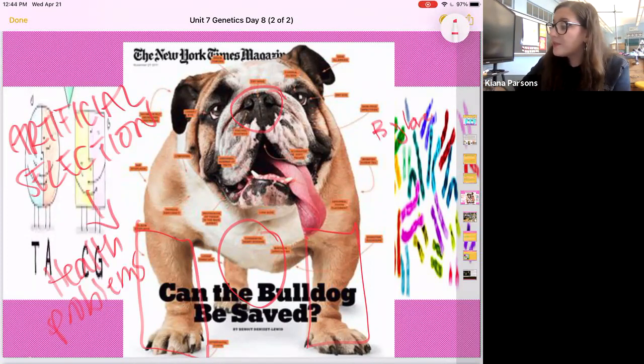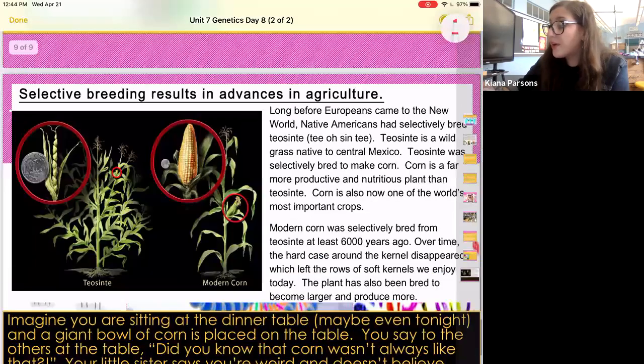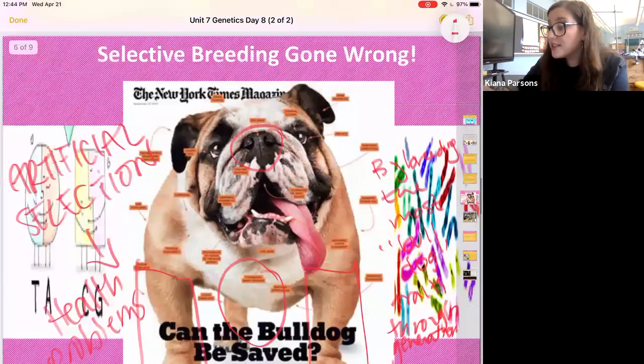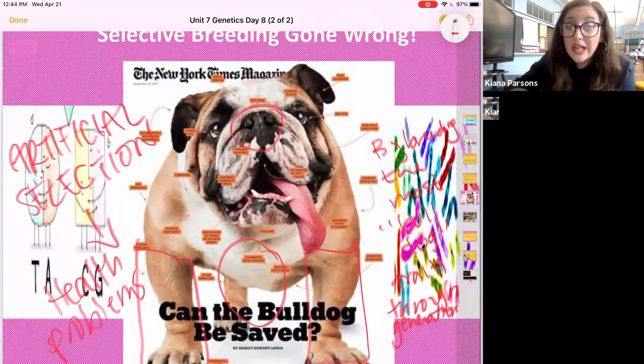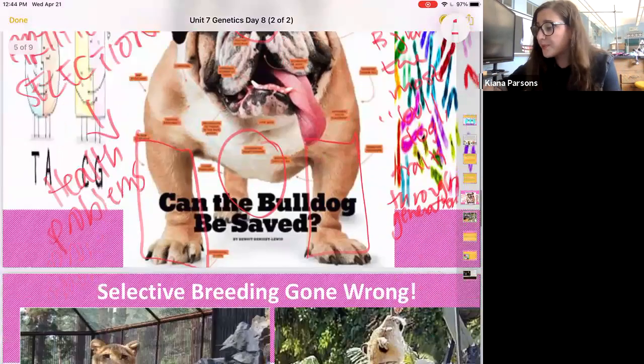By breeding the most bulldog traits through generations without regard for anything else about the animal. So the humans that bred these dogs didn't care about the actual life of the dog. Instead, they only cared that the resulting dogs would look this particular way. So not very nice for the bulldog.